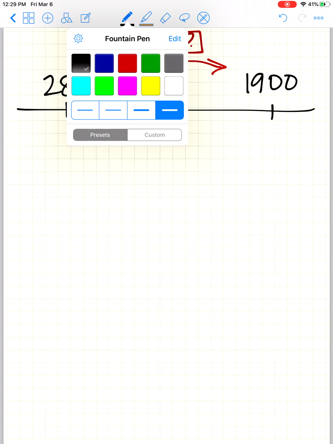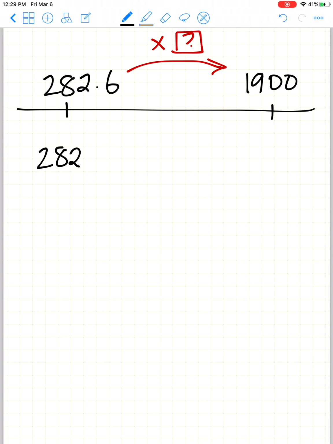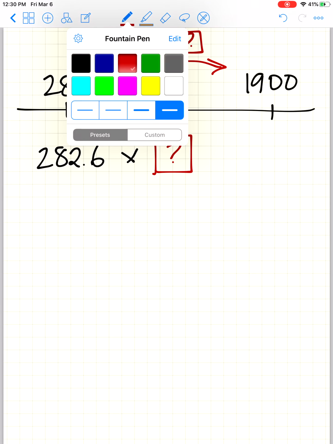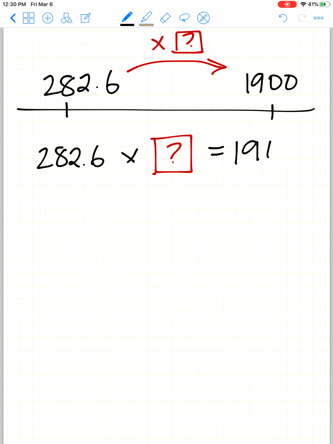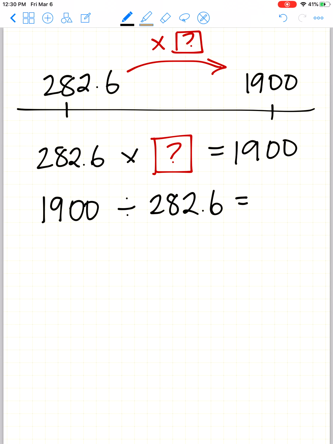But I do know that 282.6 multiplied by some unknown scale factor is going to be equal to 1,900. But I know that there's an inverse relationship here. I can also take 1,900 and divide it by 282.6 to find out how many cups can fit in there. And when I do that, I find that it's 6.7.